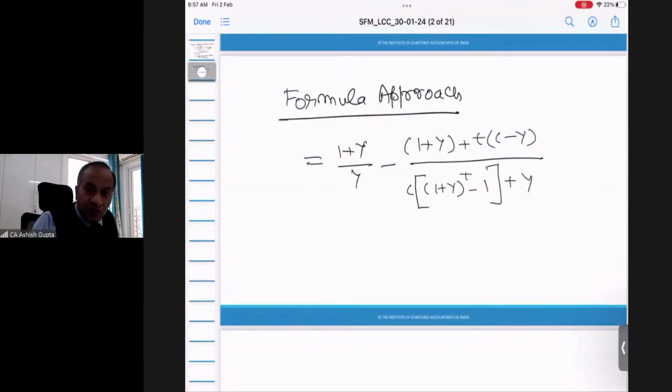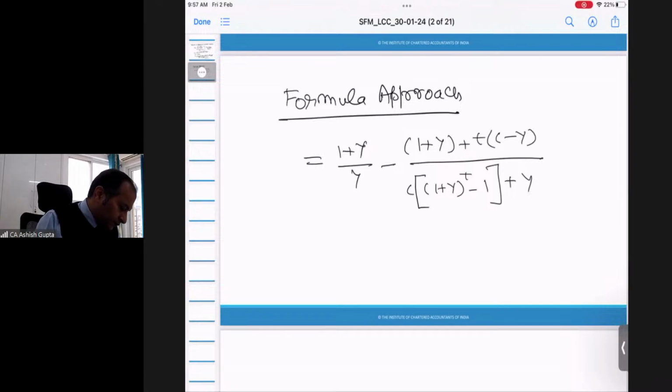This approach has been used in the book. So students, please note that either you can use this approach or the approach I have discussed. There is another approach also that I will discuss while solving the question. Both approaches can be used, so don't worry.